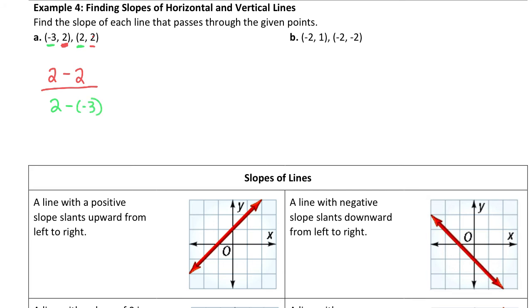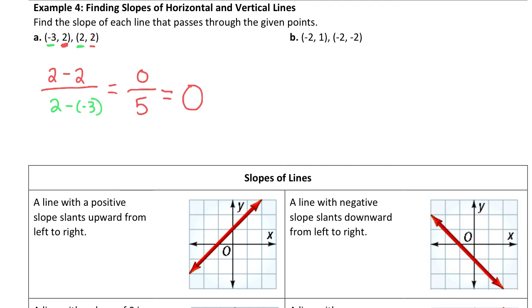So in the end, 2 minus 2 is 0, and 2 minus -3 is 5. So this slope is 0.